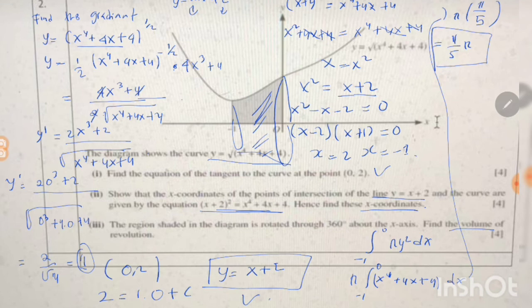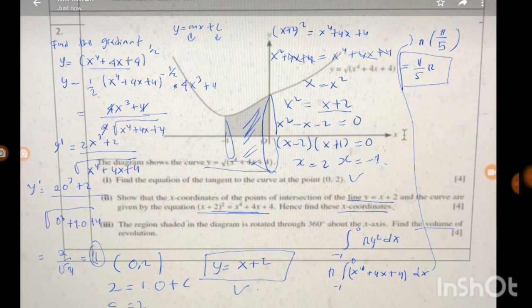Okay, I hope you understand this one, and remember again, when you find the equation of the tangent, don't forget to find the gradient. After you get the gradient, you need to find c, and then by substituting the gradient and using the point (0, 2), you can find c, and then you get the line equation.